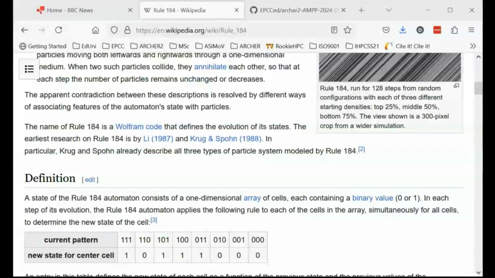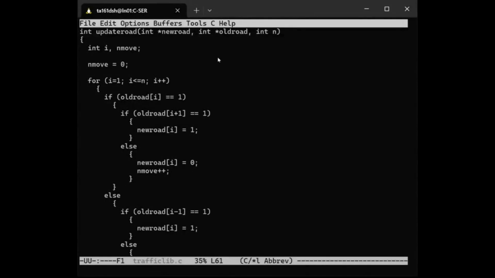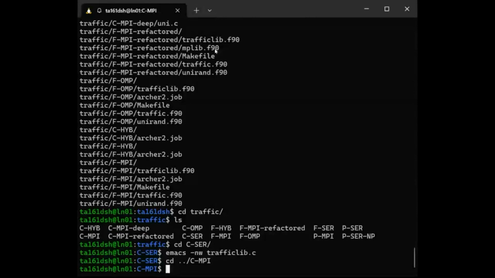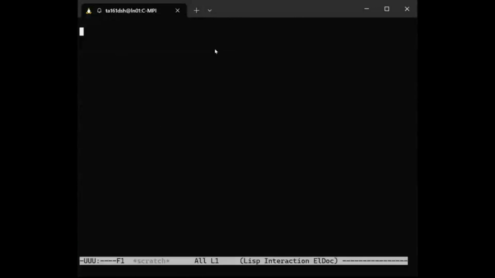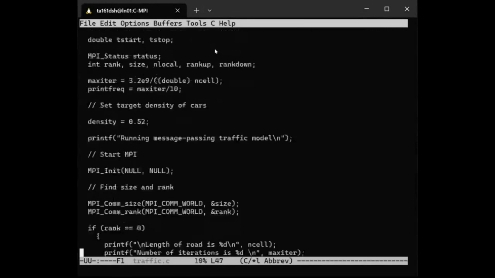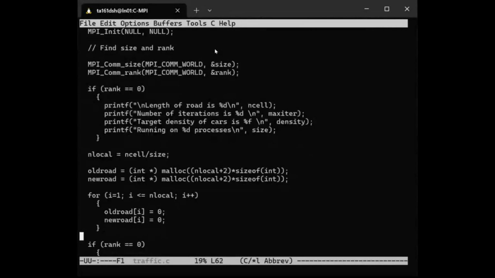If I share back to my screen, this is the serial code. If you look at the parallel code, you'll see that basically it does exactly the same thing. There's a lot of setup here, but the roads are n+2 because of the halos.